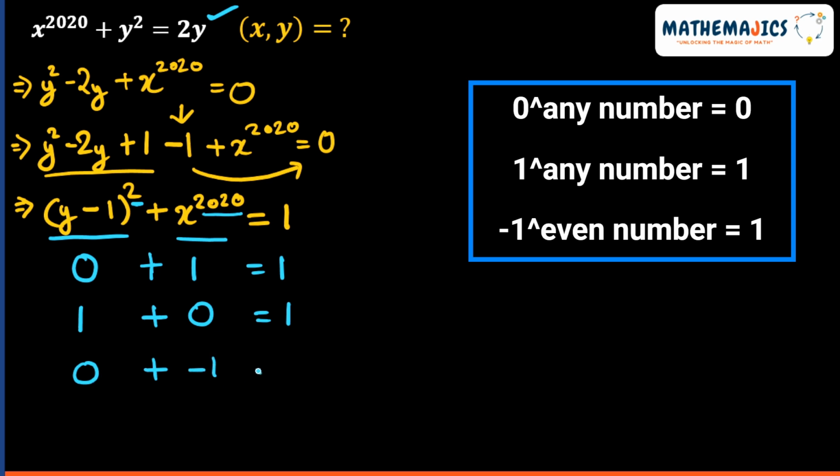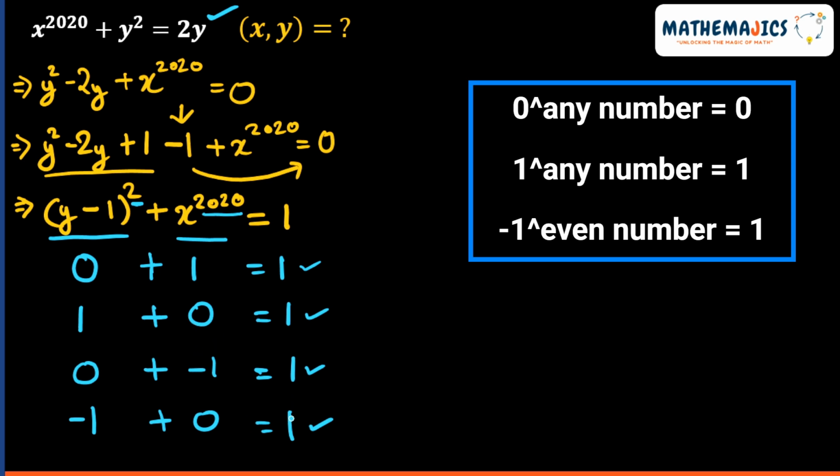So 0 plus 1 will give us 1. Another possibility is that the first term is negative 1 and the second term is 0. Again, negative 1 raised to power 2 will give us 1, and 1 plus 0 gives us 1 again. So these are the 4 possibilities that we have to find the values of x and y.